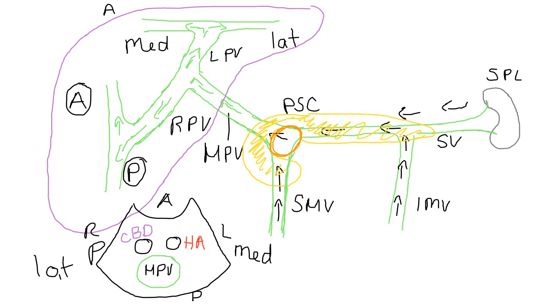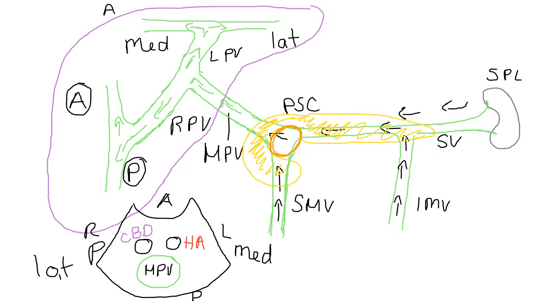The portal splenic confluence is going to be just medial to the head of the pancreas. You will see it, and I'll do a quick little ultrasound picture of what it's going to look like, but it's very comparable to this. So again, the splenic vein lies behind, or posterior to, the pancreas, where the portal splenic confluence lies medial to the head of the pancreas.